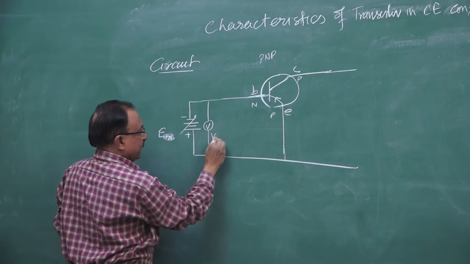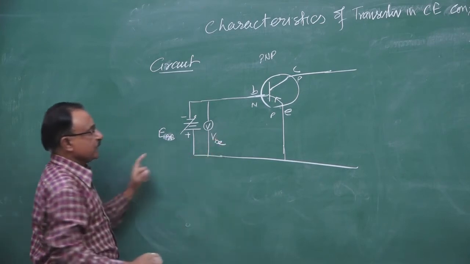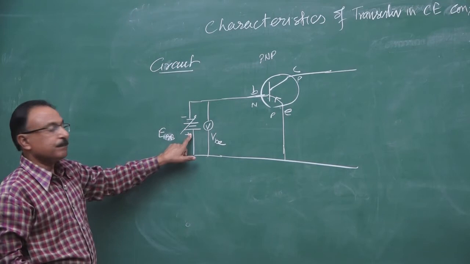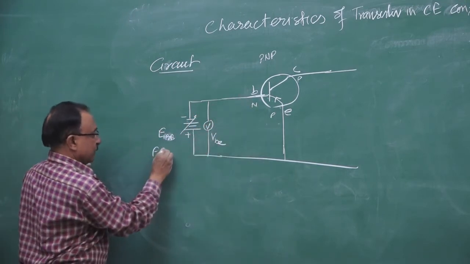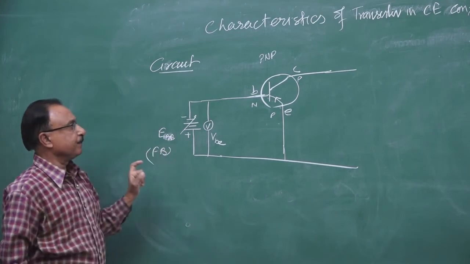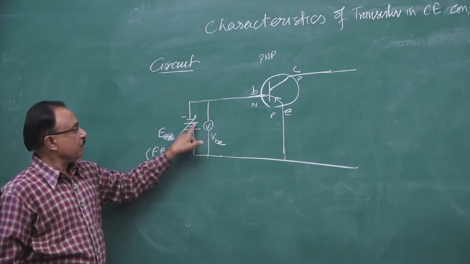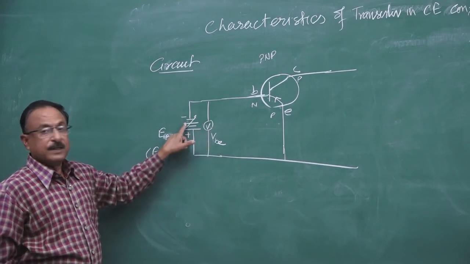This is the base-emitter voltage it is reading. This is the base biasing, which biases the emitter in the forward direction. This is the forward biasing.